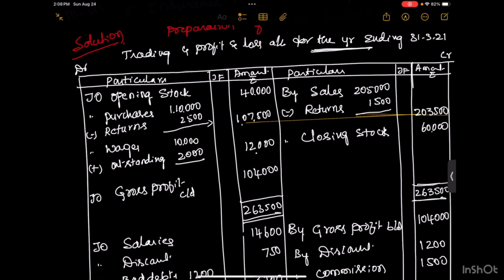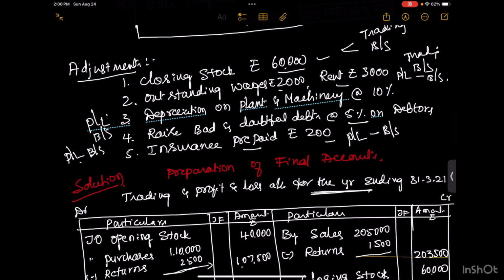Look at the opening stock given in the trial balance, 40,000. Purchases and returns are given and taken here, and in the outer column 1,07,500. Wages in the trial balance 10,000. In the adjustment, 2,000 outstanding is given, to be added for that particular period.